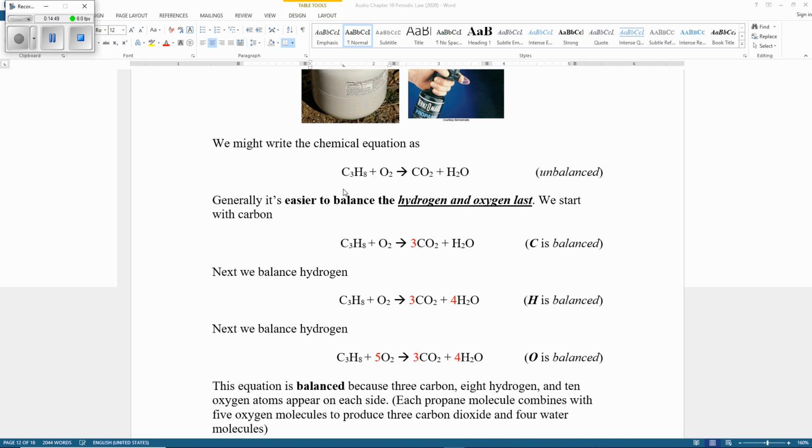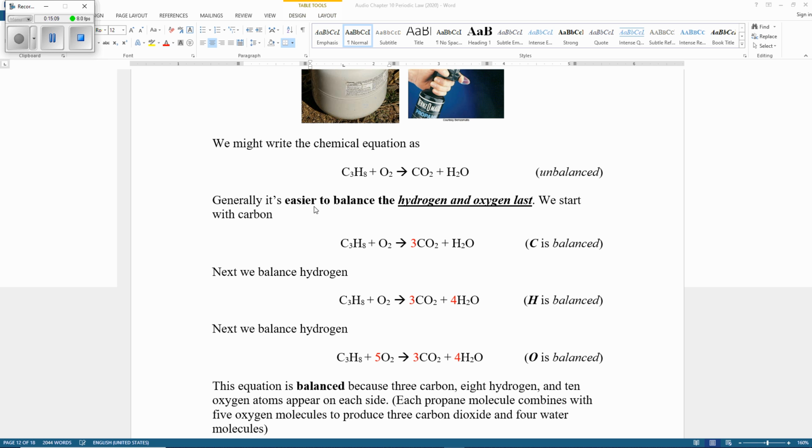By the way, I will not ask you to balance an equation. I only ask you if the equation is balanced or unbalanced. You just need to count the numbers and tell me if it's balanced or unbalanced. Now this is not balanced, right?